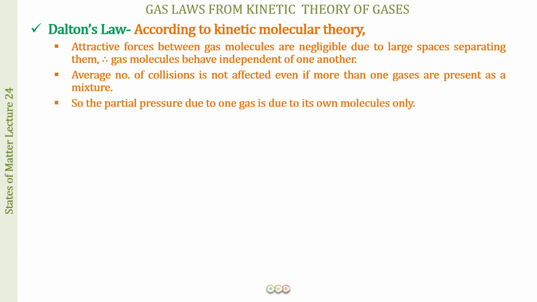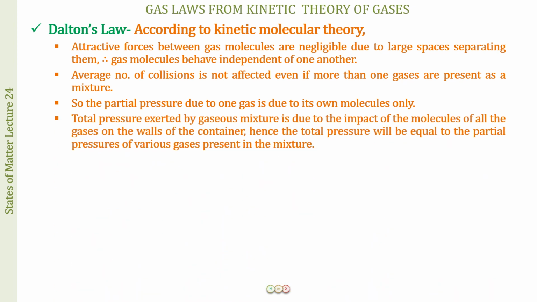So the partial pressure due to one gas is because of its own molecules only. And therefore the total pressure exerted by the gaseous mixture is due to the impact of the molecules of all the gases on the wall of the container, and hence the total pressure will be equal to the sum of the partial pressures of the various gases present in the mixture, right?